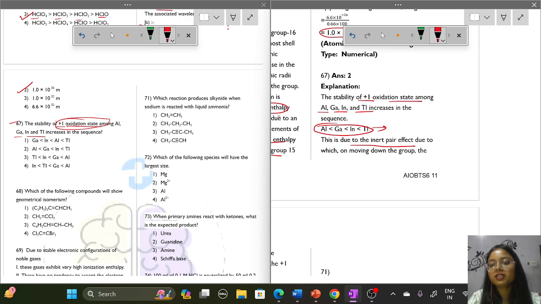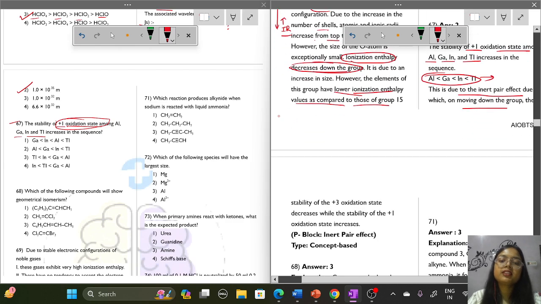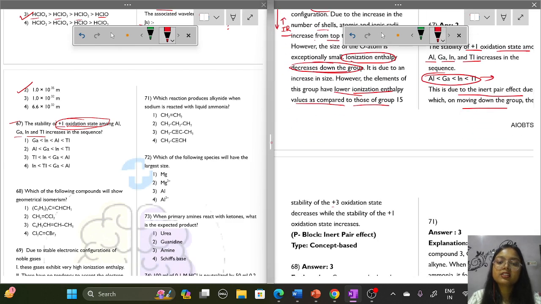Because of the inert pair effect, as you move down the group, the stability of the +3 oxidation state decreases while the stability of the +1 oxidation state increases. So here the order is aluminium, then gallium, then indium, then thallium.